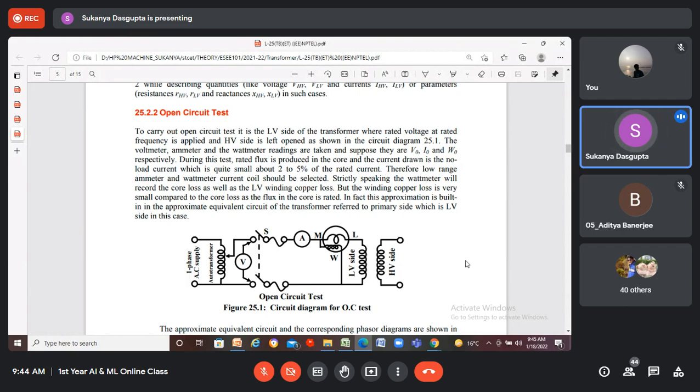And during no load operation, as I told you earlier, only the no load current is required. The no load current, or the exciting current, is the only input current to be drawn from this supply voltage in order to magnetize the core, because no other operations are going on since the secondary circuit is totally open. So only a small portion of current, mainly 2 to 5% of the rated current, which is quite a very small amount, is required to be drawn from the input supply voltage.